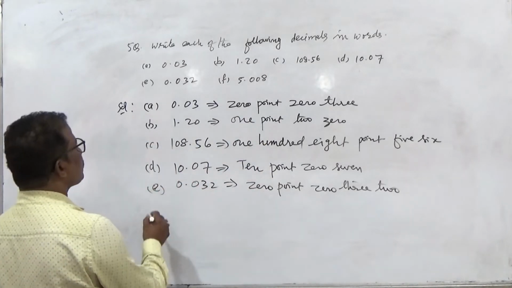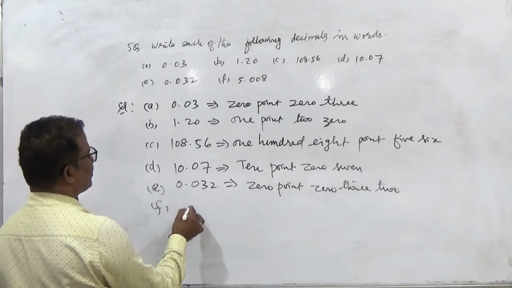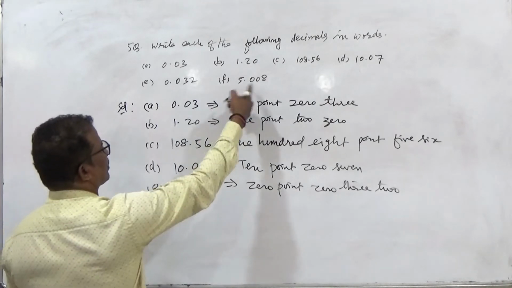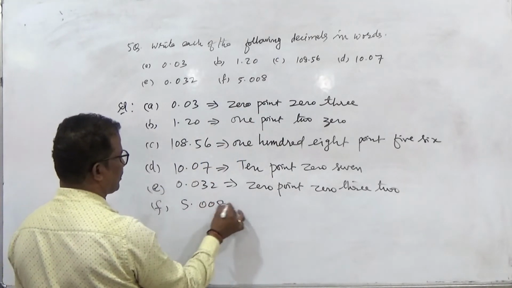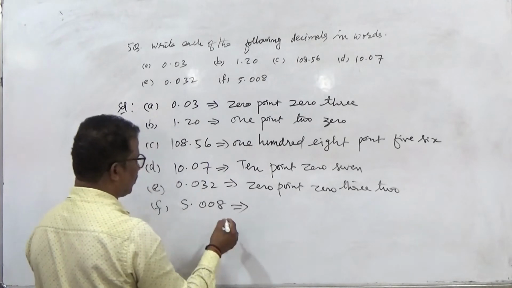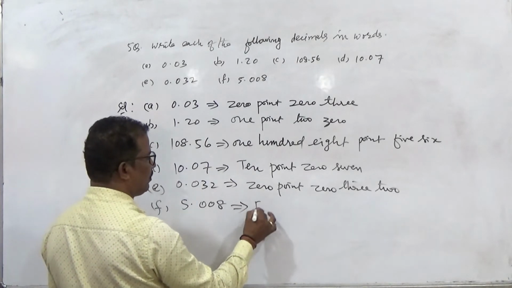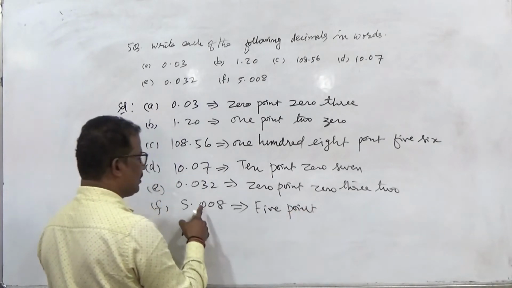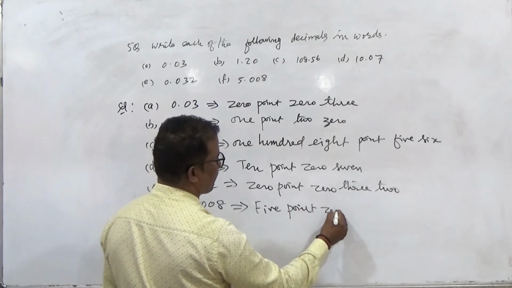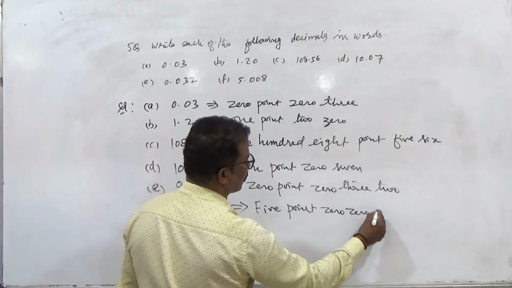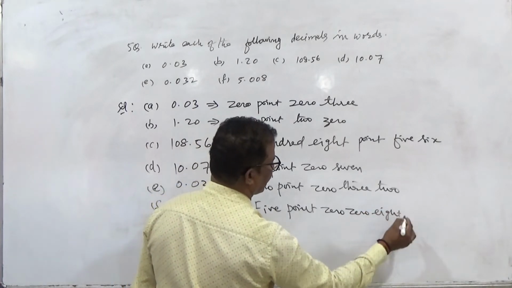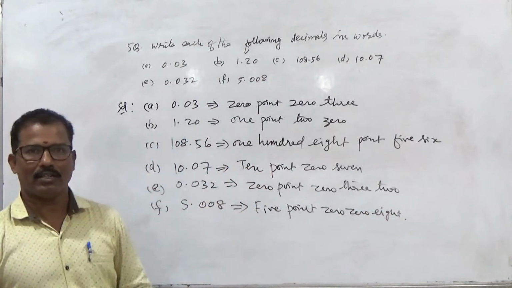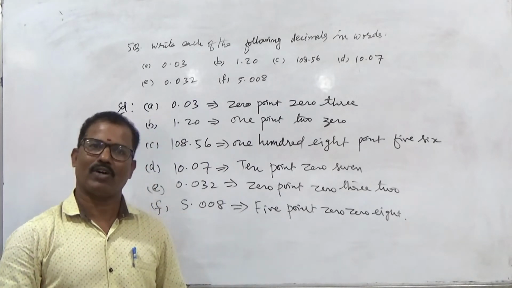Then F question, what is that? 5.008. For this we have to write like this: 5 point, then 0, 0, 8. All of you understand how to write decimal numbers in word form?